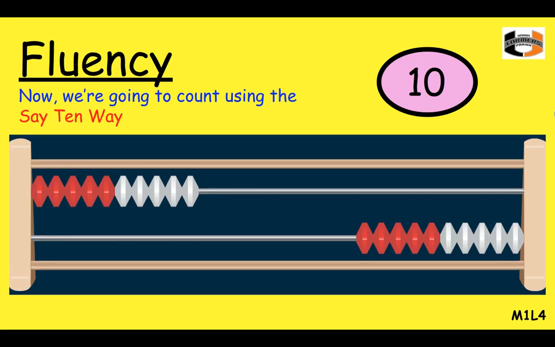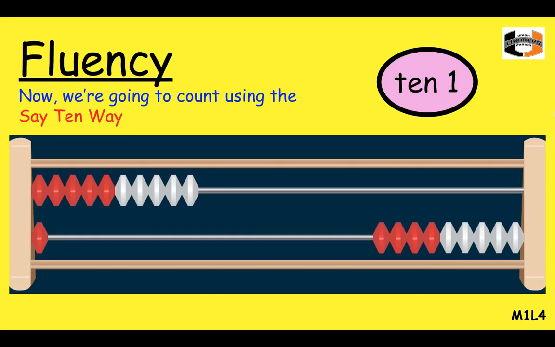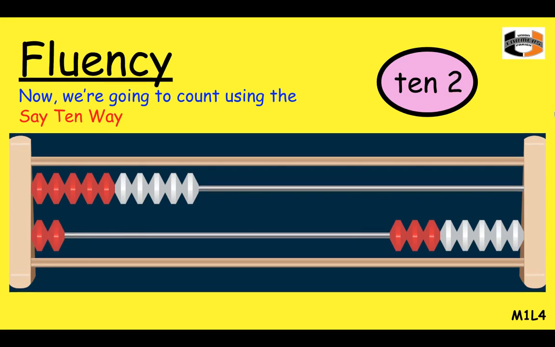Now we're going to count using the say 10 way. When you say 10, you're going to say 10 and a number, and those two numbers together make the number that you're trying to say. So for example, 10-1 is 11, 10-2 is 12, 10-3 is 13, 10-4 is 14, 10-5 is 15.